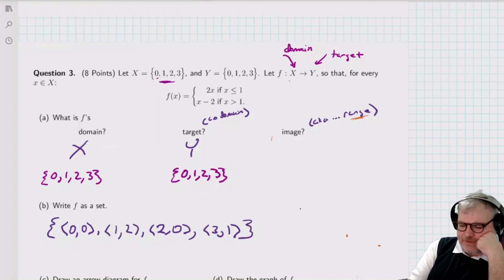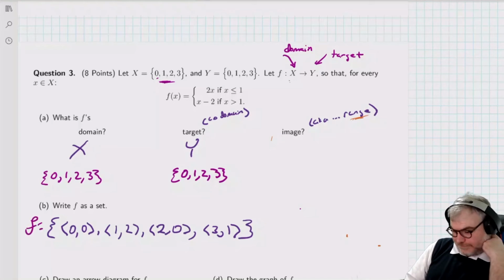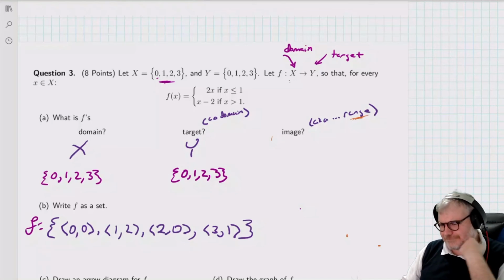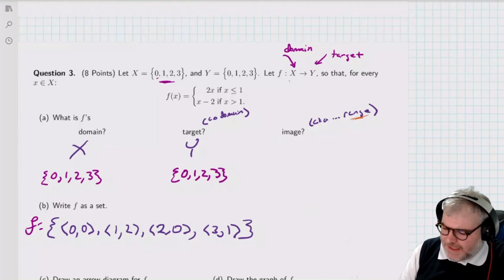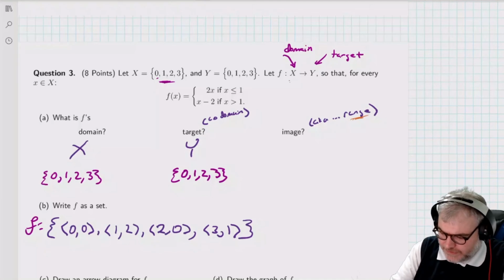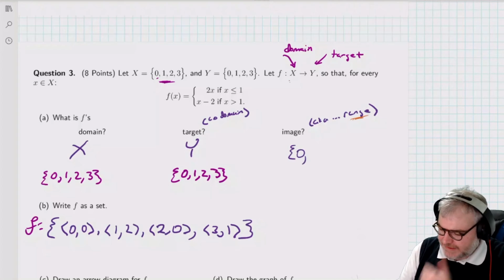And yes, I should write f equals. Okay, well, what's my image or range? Well, I pull off the y values that I actually used. They were 0, 2, 0 I already accounted for, 1.